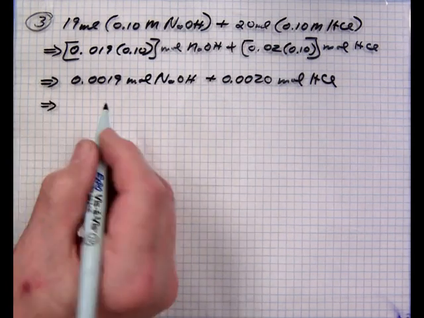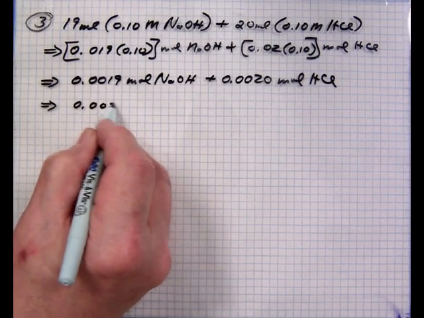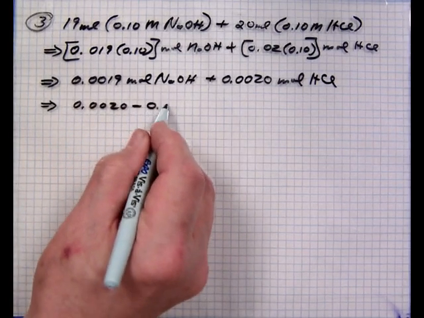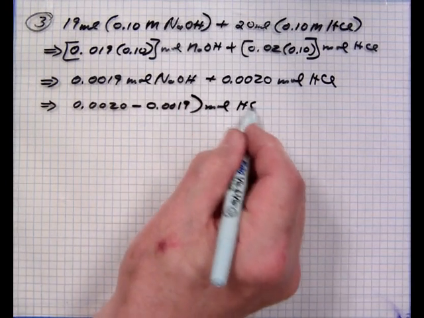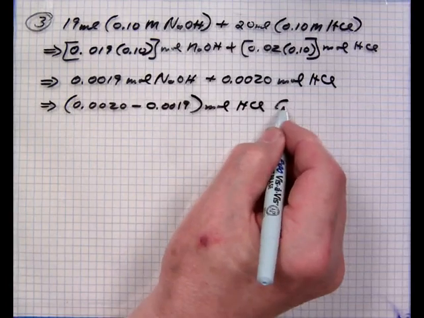That is 0.0020 minus 0.0019 mole HCl excess.